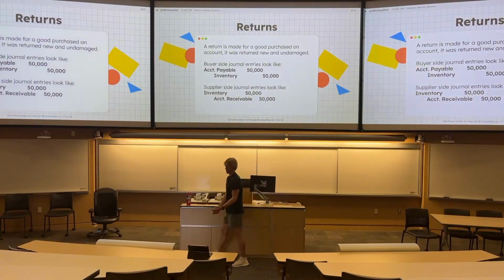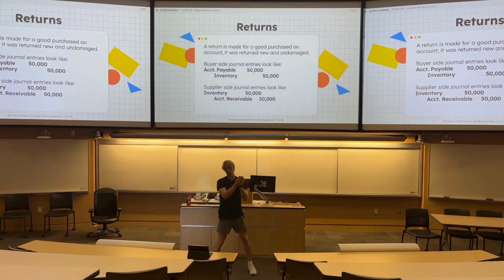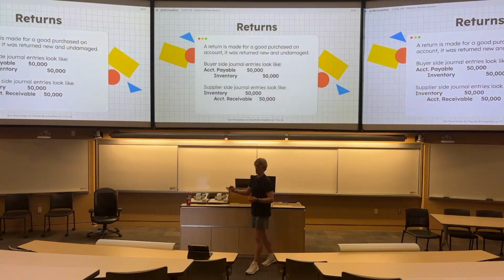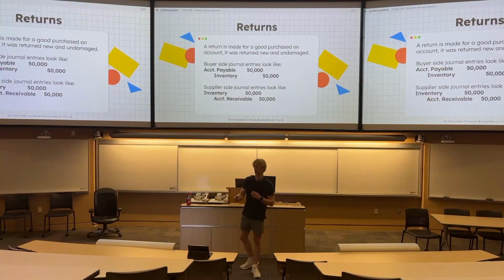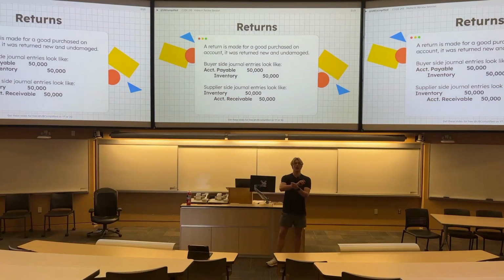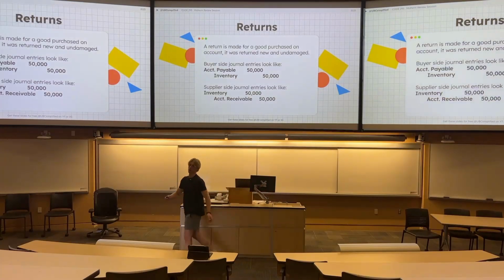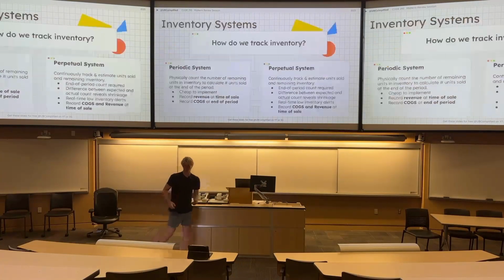And then from the supplier side, you're getting that inventory back, so you're going to increase inventory through a debit, and you no longer have that account receivable, so you have to decrease that. That's where these debits and credits are coming in. It's basically just the flip side. The buyer returns it, no longer has to pay, doesn't have the obligation. The seller now has that inventory, but no longer has that receivable.